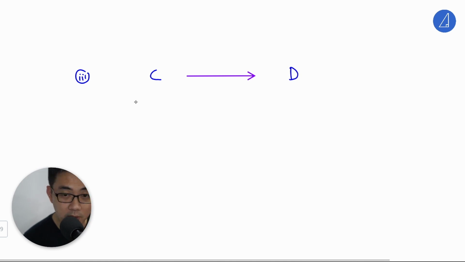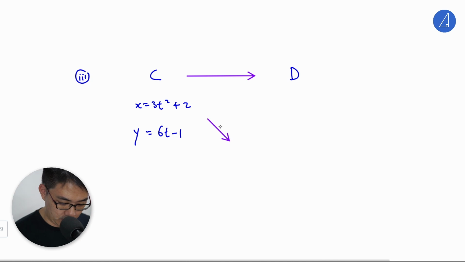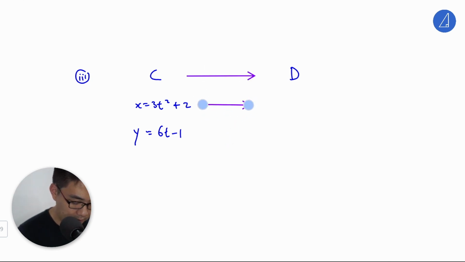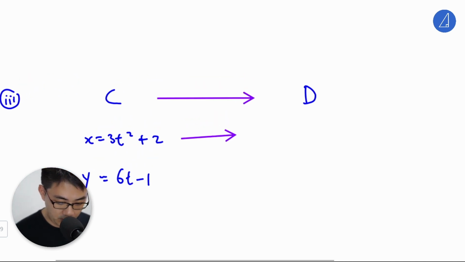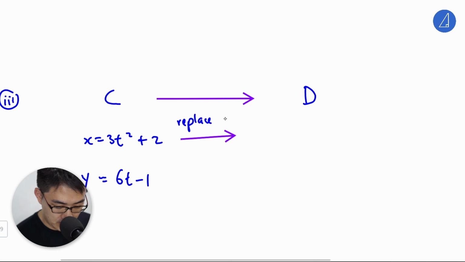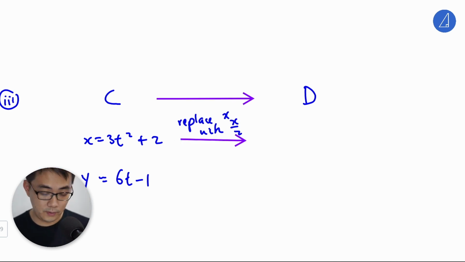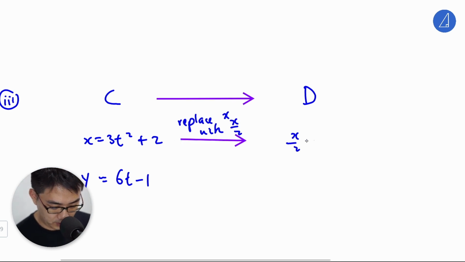We have C, which is x equals 3t squared plus 2, and y equals 6t minus 1. To become D, we were told to scale this x by a scale factor of 2 in the x direction. Meaning replace x with x over 2. So this is x over 2 equals 3t squared plus 2.